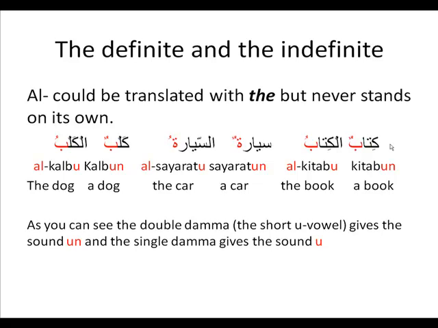So the word siyara with the added vowels becomes siyaratun, and you can hear the T. Siyaratun. And with the al at the beginning, it becomes as-siyaratu. Just one U at the end, but we can still hear the T. As-siyaratu.